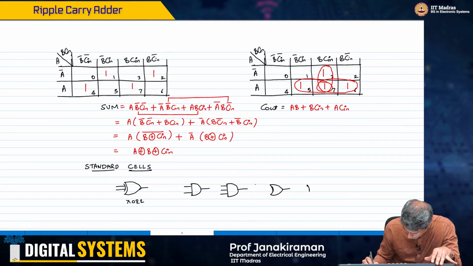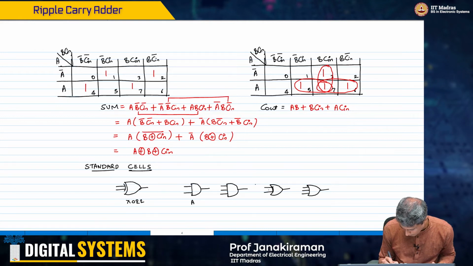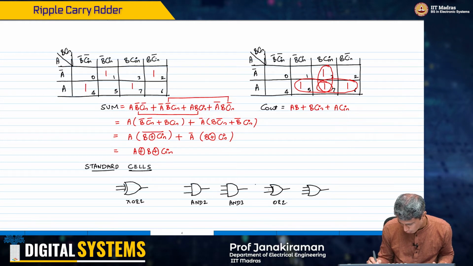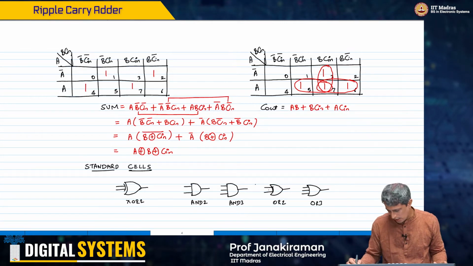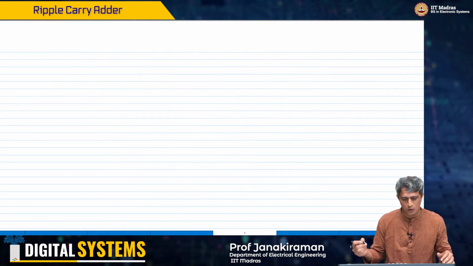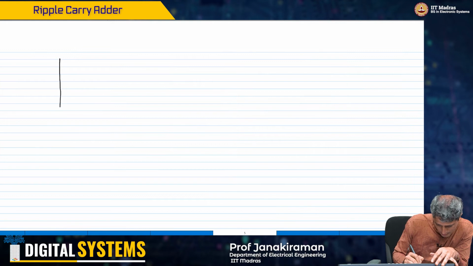OR 2 and OR 3. So suppose I had this as my standard cell library. Then it is quite a trivial implementation for us to get the sum and carry.